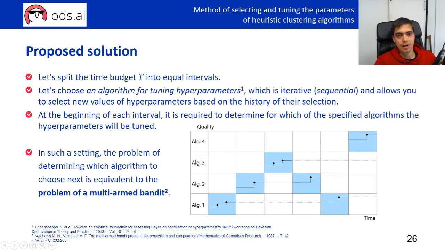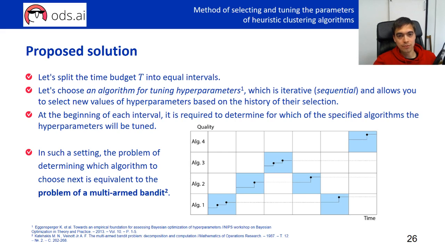Let's split the time budget into equal intervals, then choose an iterative hyperparameter tuning algorithm. At the beginning of each interval or iteration, the method determines for which of the algorithms the hyperparameters will be tuned. In a similar setting, such a problem is equivalent to the multi-armed bandit problem, speaking about reinforcement learning.